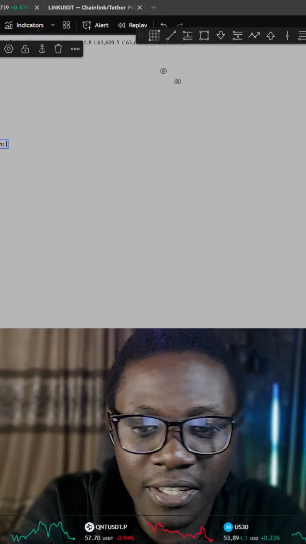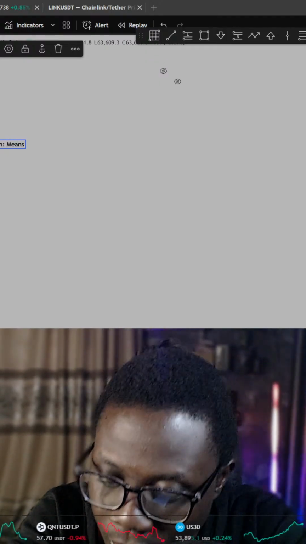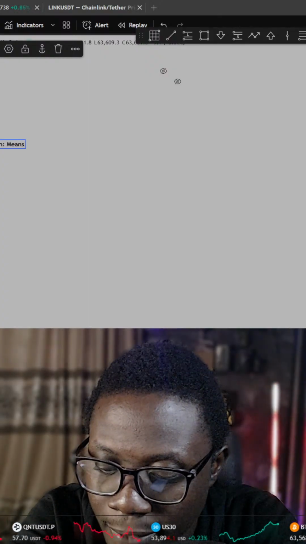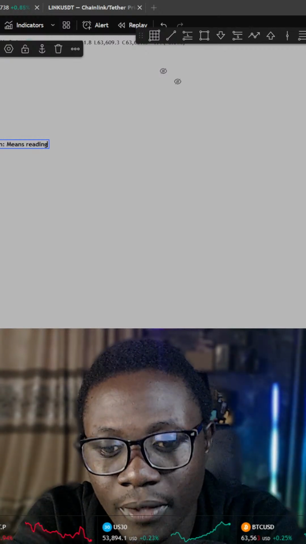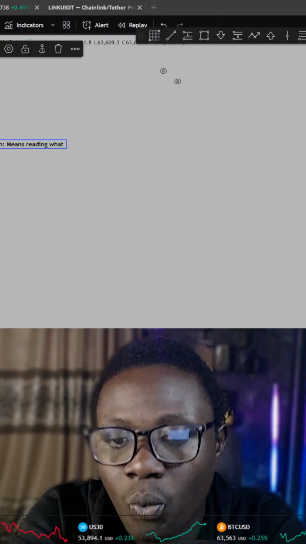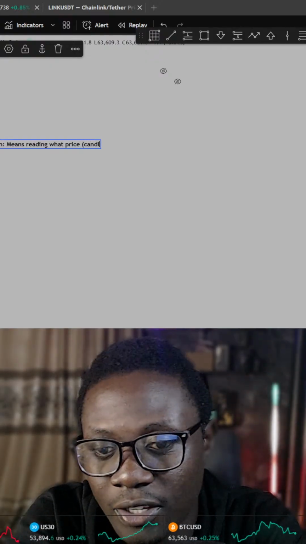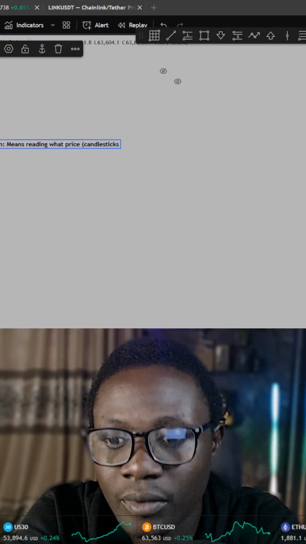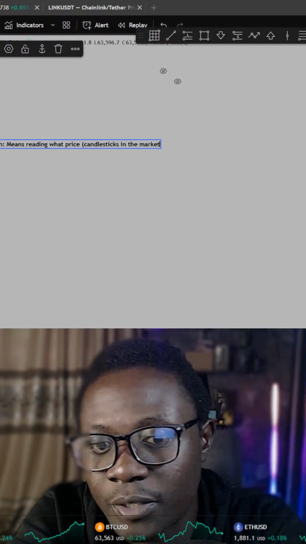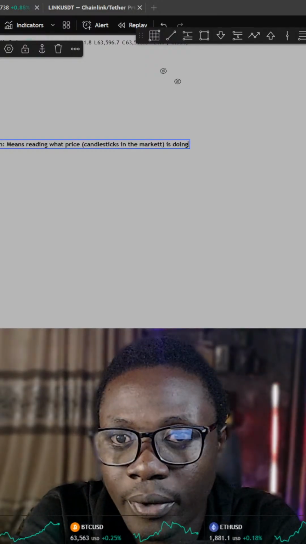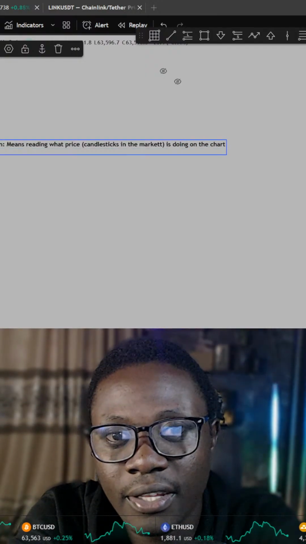So price action, it literally means, let me just write it. According to what I have here in my notes, price action means reading what price, and of course when we talk of price, we're talking of the candlesticks in the market, is doing on the chart.